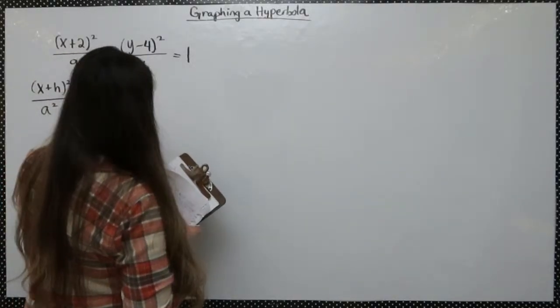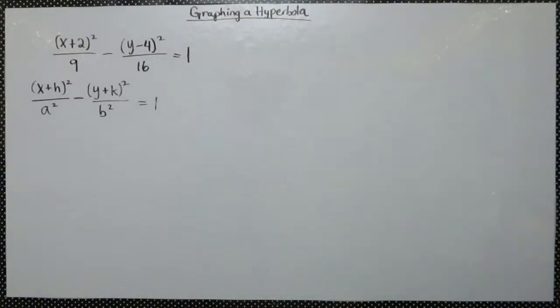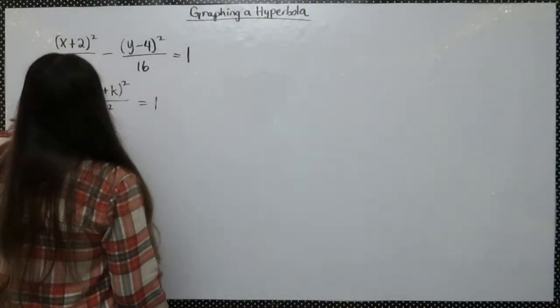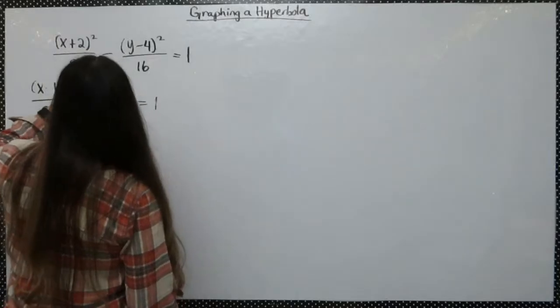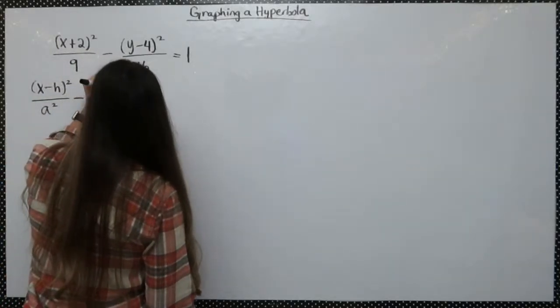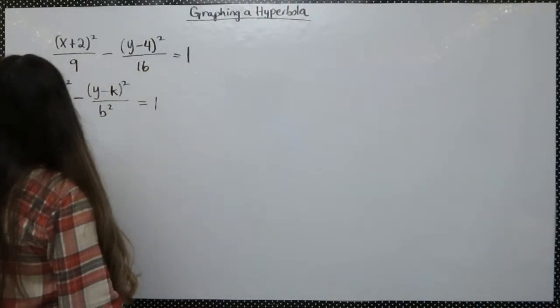I'll have to double check. Perfect. Oh, it's minus. Okay, what do I do? Switch it. Okay, it's okay. So here is the form that we're going to pull our values from, so it's important.